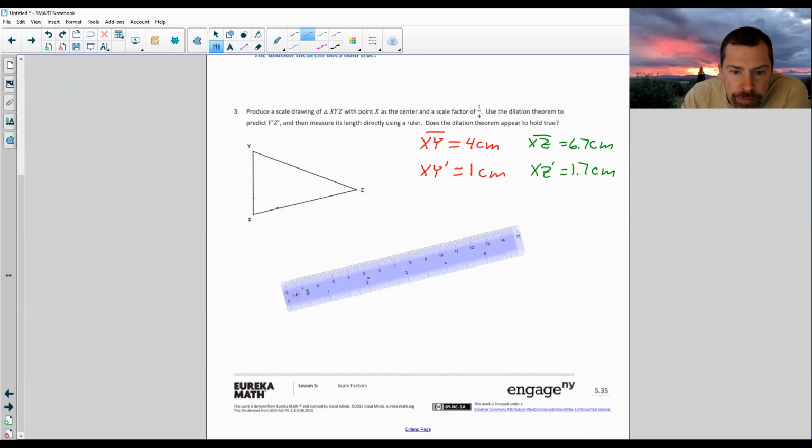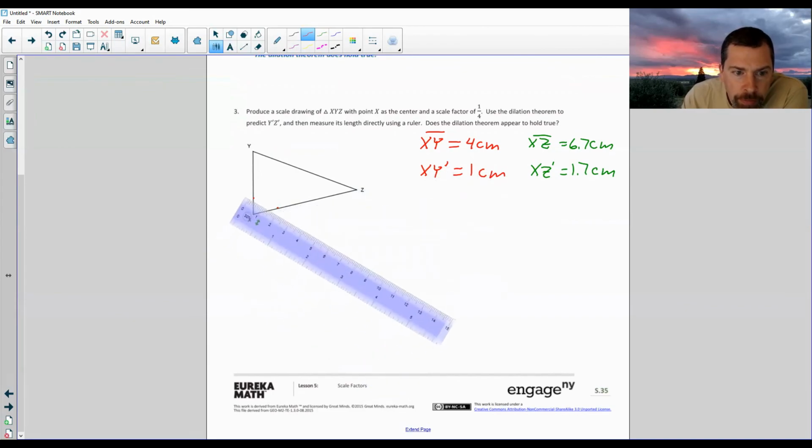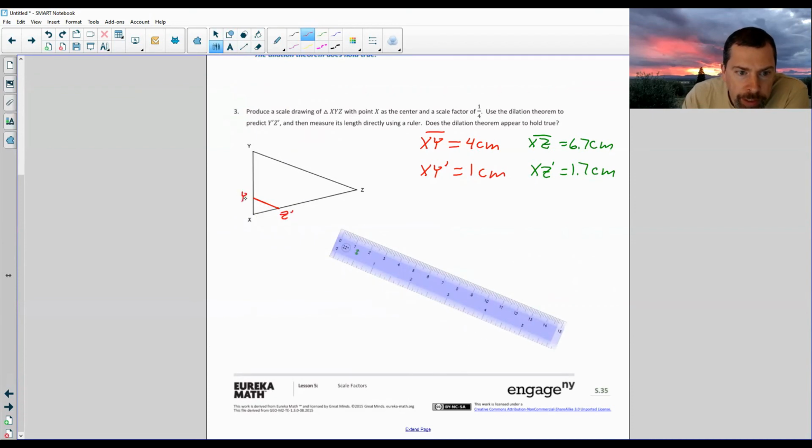So we're done. And now all we need to do is connect those 2 dots. And there is Z prime and Y prime.